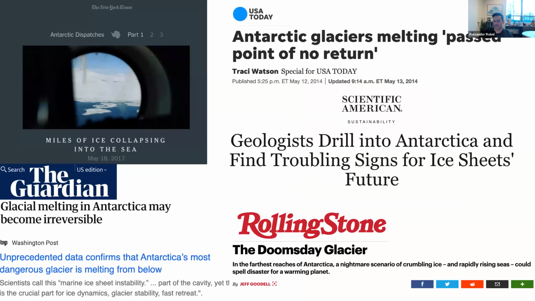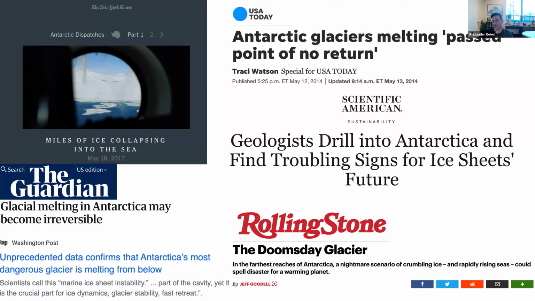Okay, so if you've heard anything about Antarctica in the news, and particularly Antarctica in the changing climate in the last 10 years, it probably has something to do with this idea that Antarctica might reach this threshold of no return, right? This point of no return, where basically once it loses a certain amount of ice, it will continue, even without further climate change, to contribute to sea level rise in the future.